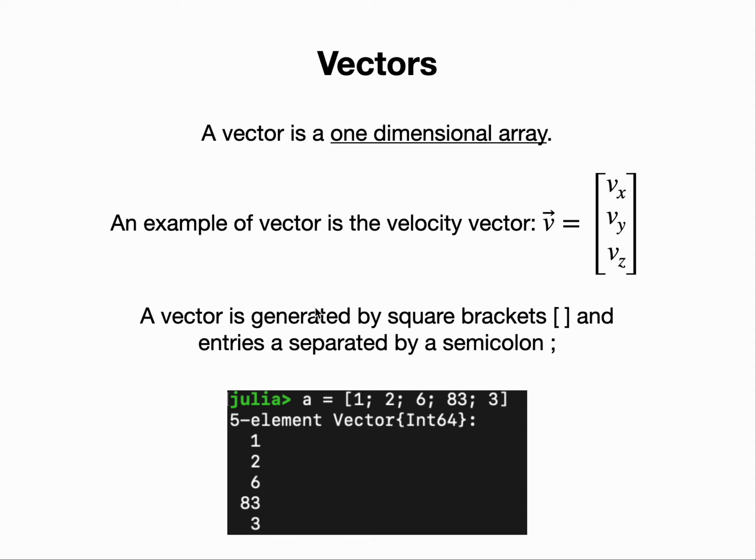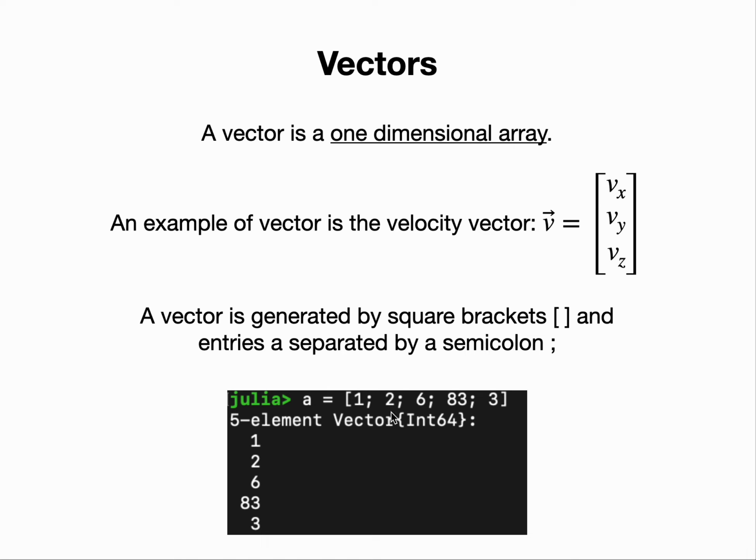The vector is generated using square brackets, and the entries are separated by a semicolon. You can use the REPL to type this and generate the vector A equal square brackets 1 semicolon 2 semicolon 6 semicolon 83 semicolon 3 and right square bracket.